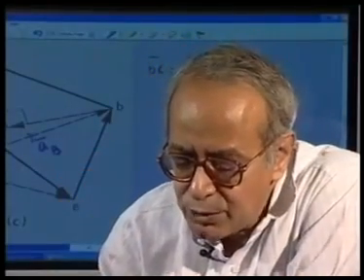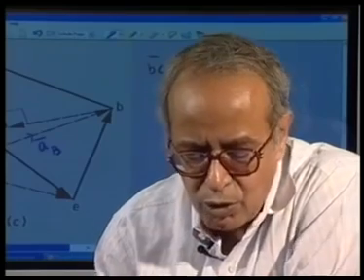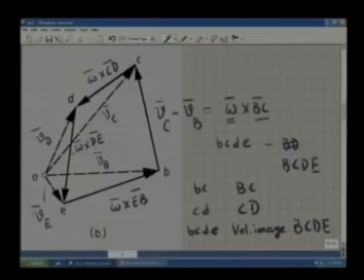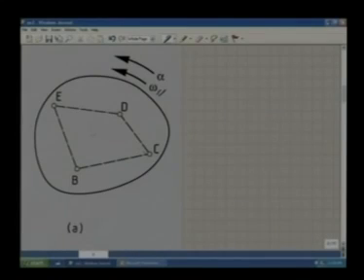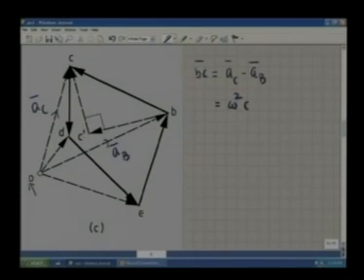So this we know: acceleration of C with respect to B is omega square in the CB direction plus alpha cross BC. So the vector BC is omega square CB plus alpha cross BC.